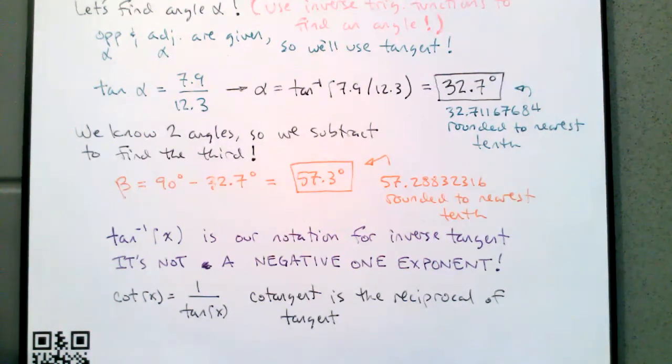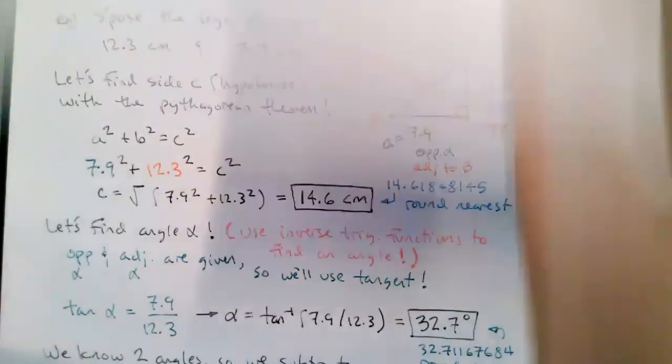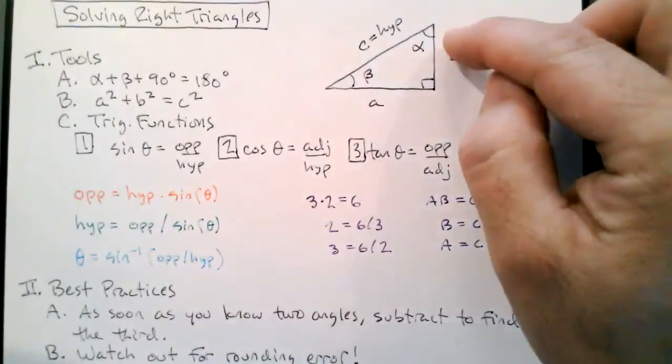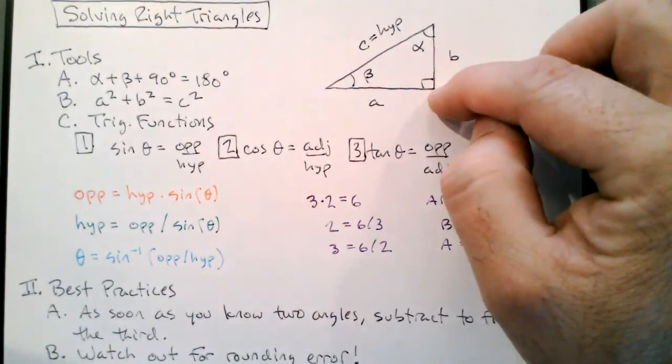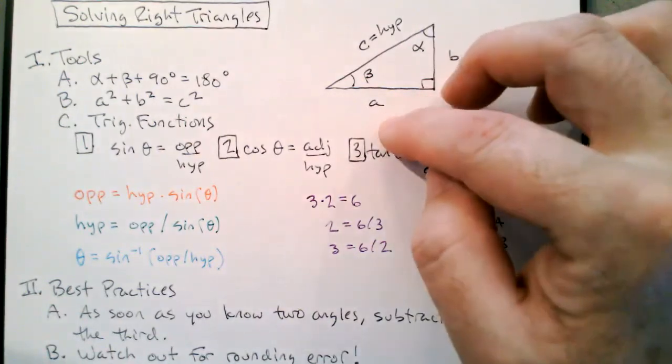Any questions about solving right triangles? At this point, we've done all the variations of things. The two big variations are, do I give you an angle and the right angle and one side, or is it right angle and two sides?